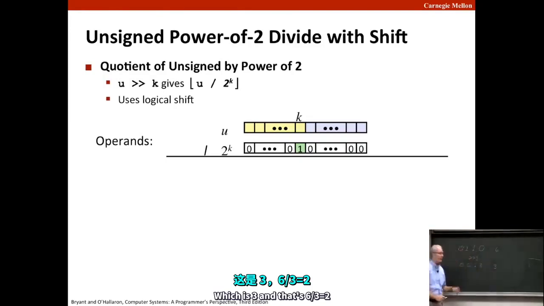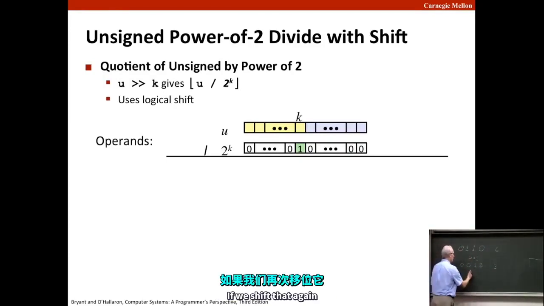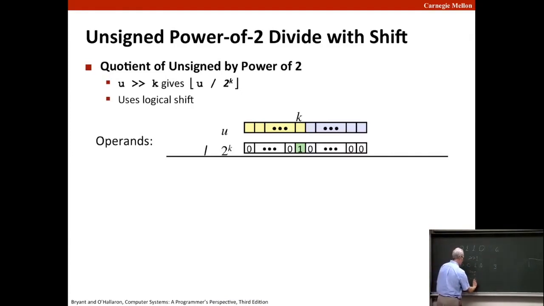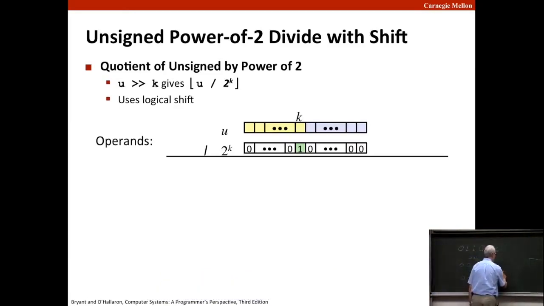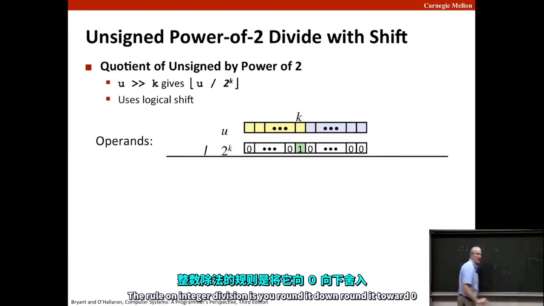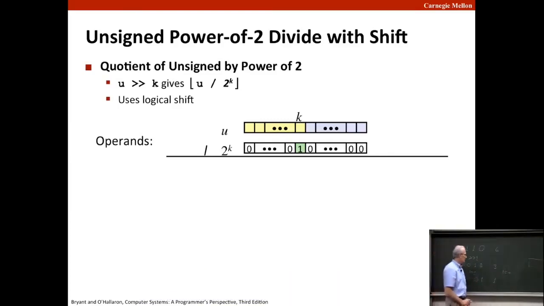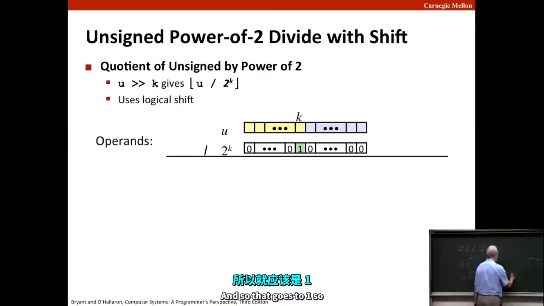And that's 6 divided by 2 is 3. If we shift that again, we'll get 1. But of course, you know that 3 halves, or 1.5, the rule on integer division is you round it down, round it towards 0. And so that goes to 1.